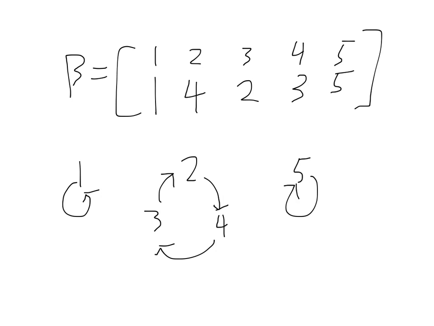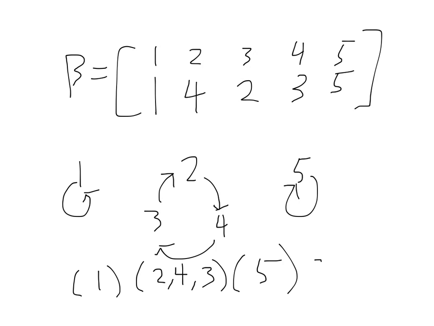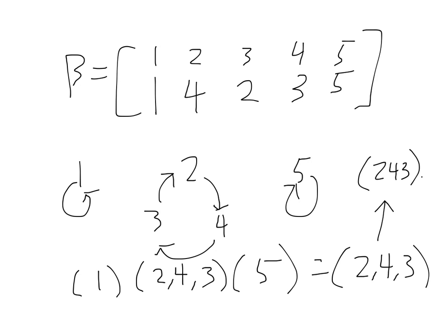So I could write this as (1)(2 4 3)(5), and oftentimes people will omit 1-cycles and write this as simply (2, 4, 3). And oftentimes people will actually omit commas and simply write this as (2 4 3).